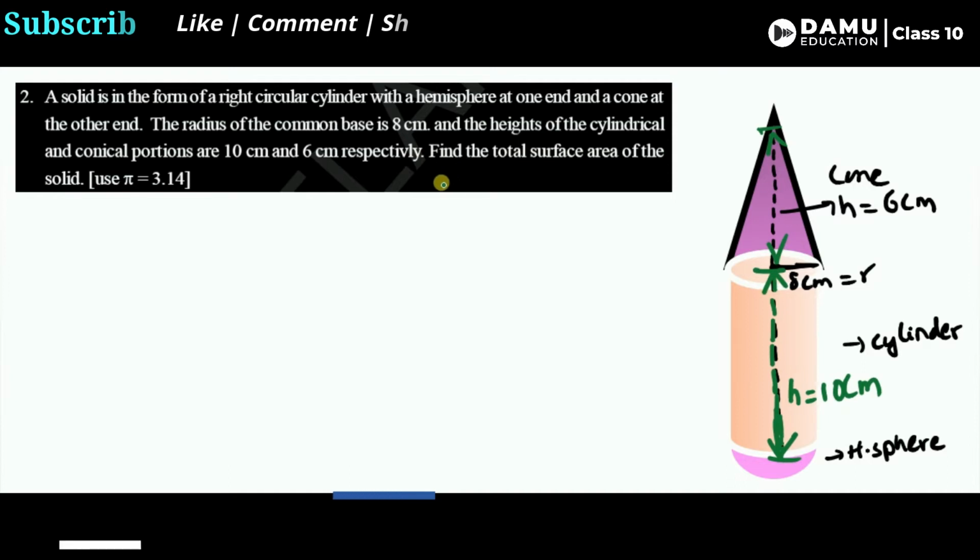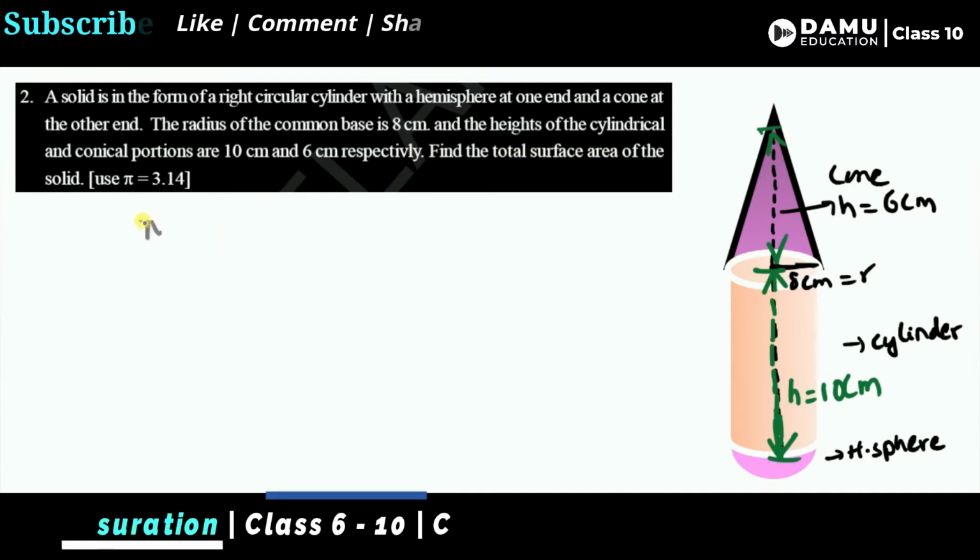Find the total surface area of the solid using pi equal to 3.14. So what is the formula for this?